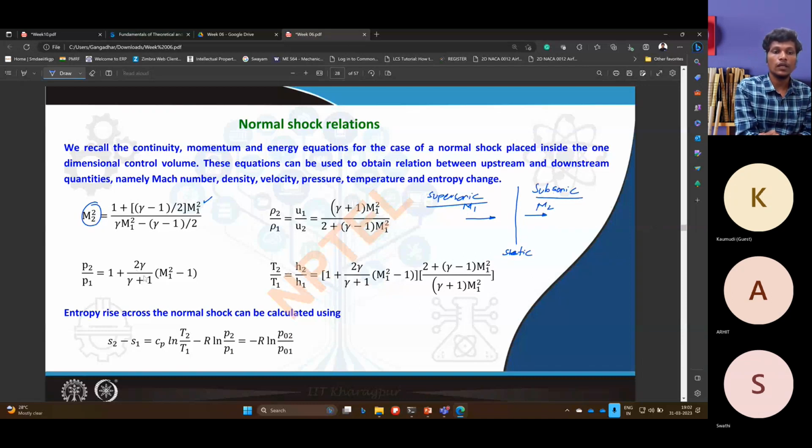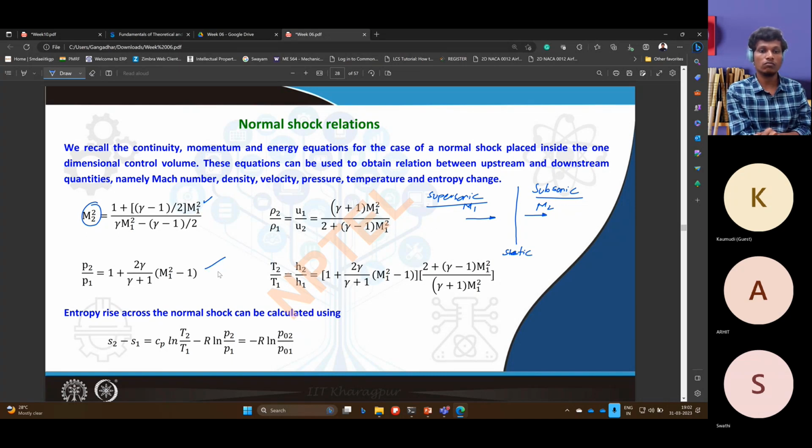You can also transform these relations to oblique shock waves, but we need to resolve our flow directions to apply these equations, which we will also see in today's session, how we can use these relations for oblique shock waves.